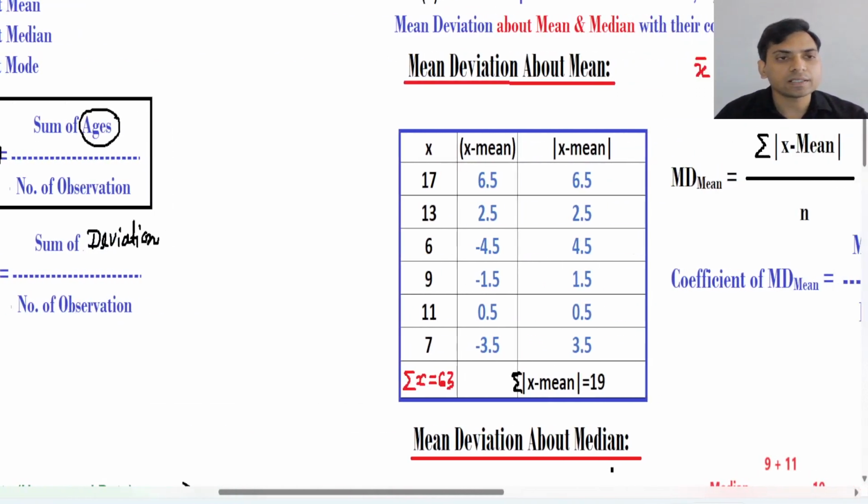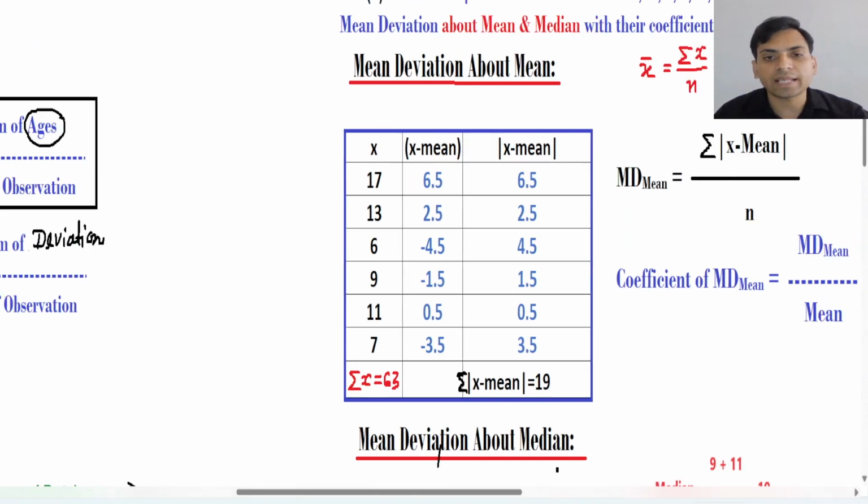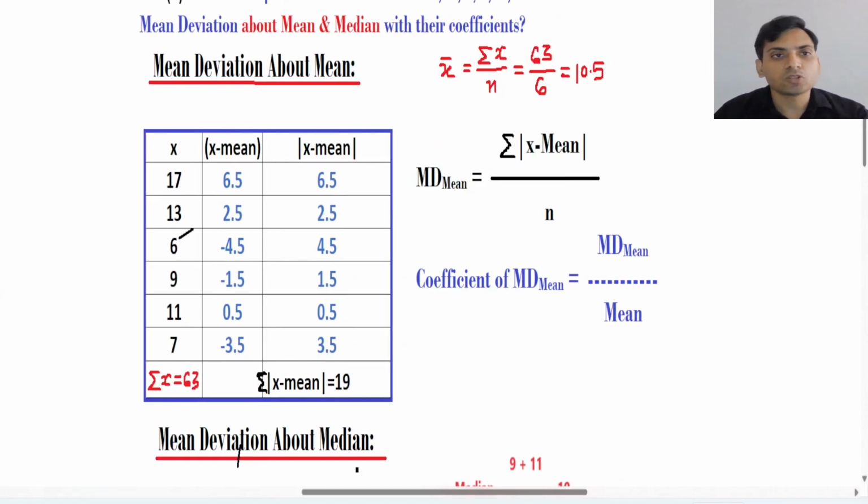Now the sum of deviation. In this case we are finding mean deviation about mean, so we will find deviation about mean. From 17 we subtract the mean 10.5 and get 6.5.